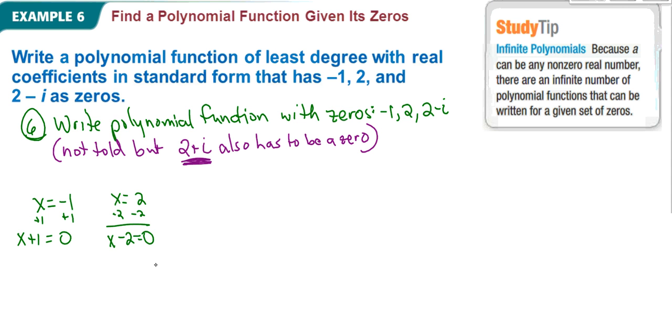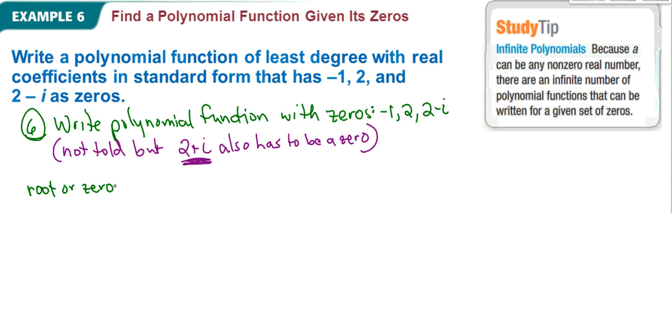And the real way that we do that is we say if the root or zero is c, then the factor is x minus c. And that's why it is, but just to let you know.